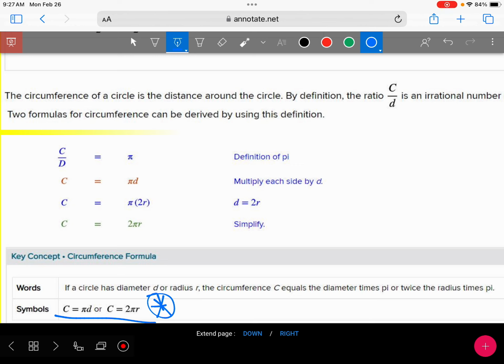So we can also get our circumference using that equation and just multiplying 2 times pi times r. And remember, that circumference is just kind of the perimeter of our circle. It's the distance it takes to go around our circle, right on the edge.